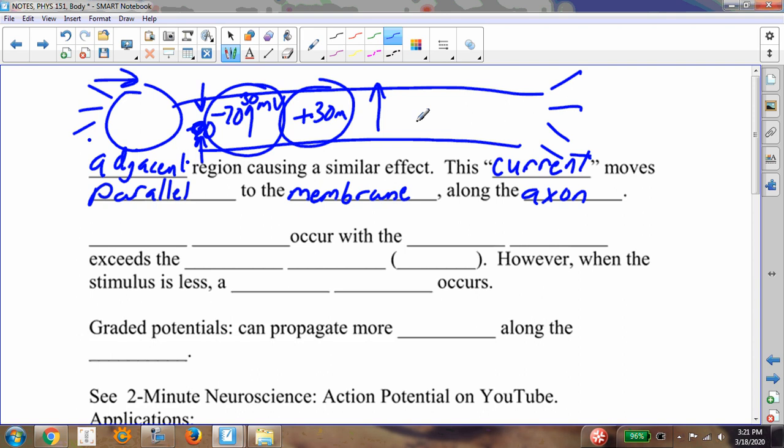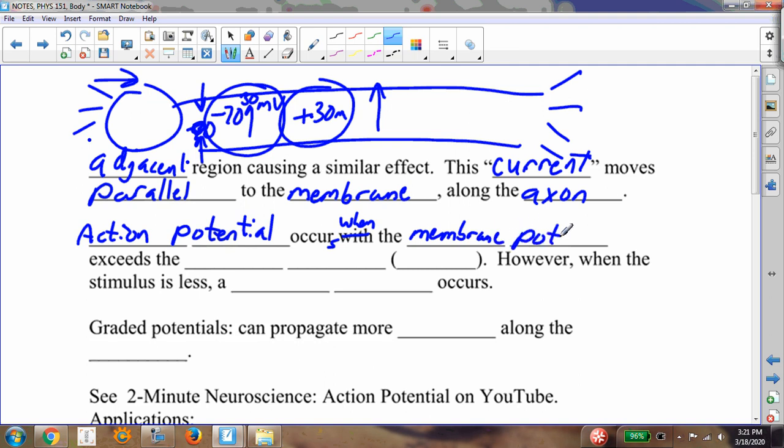The action potential occurs when the membrane potential exceeds the threshold potential.